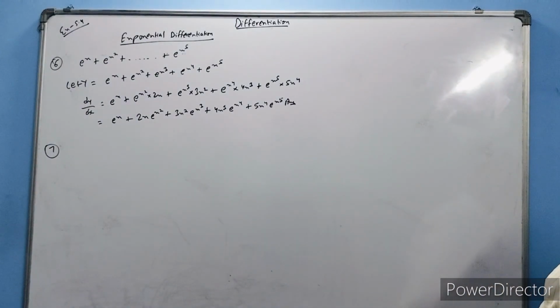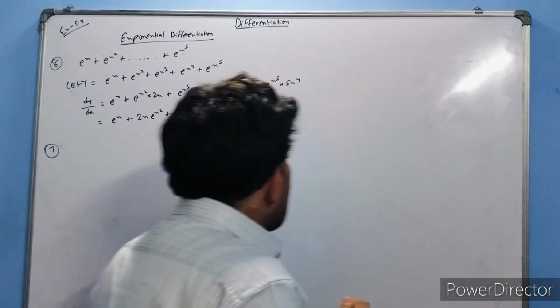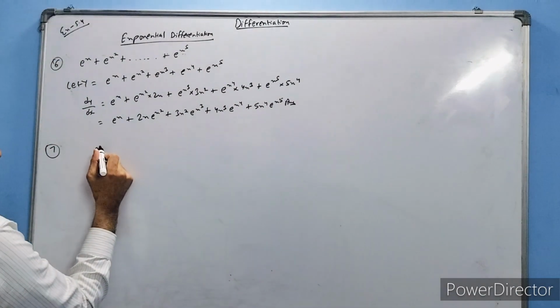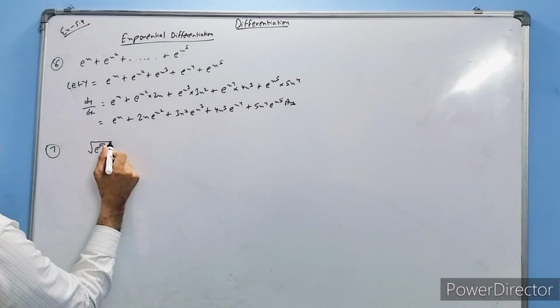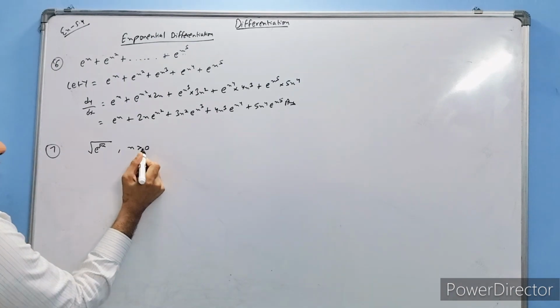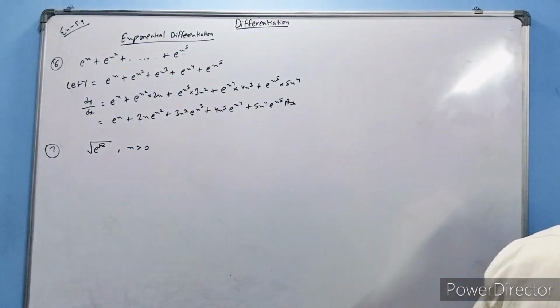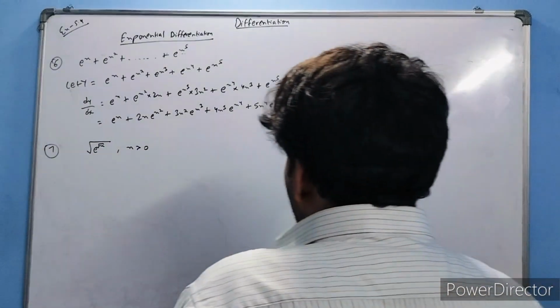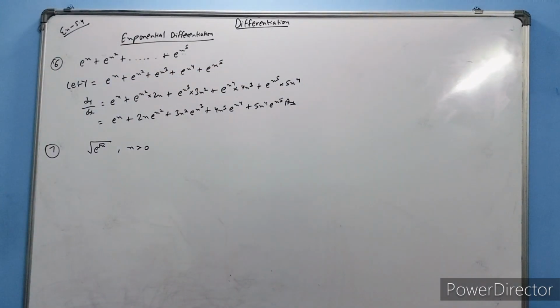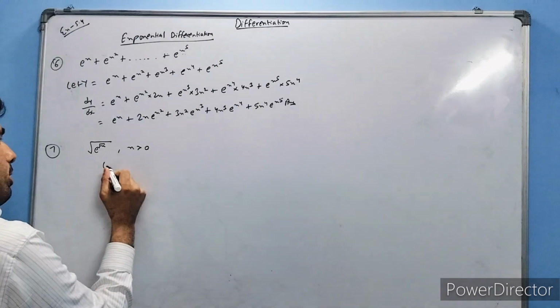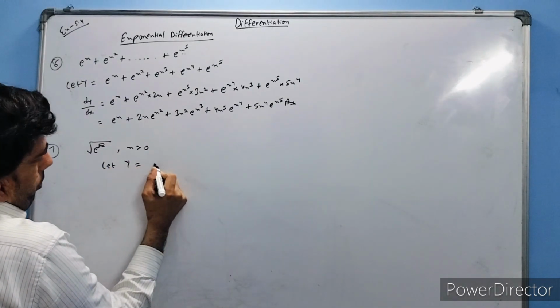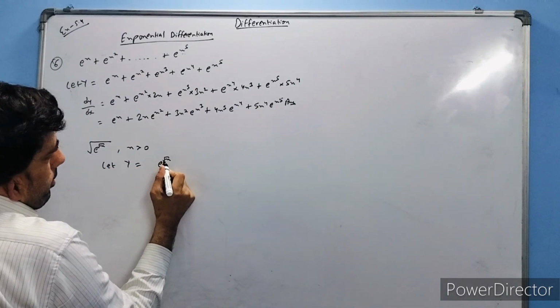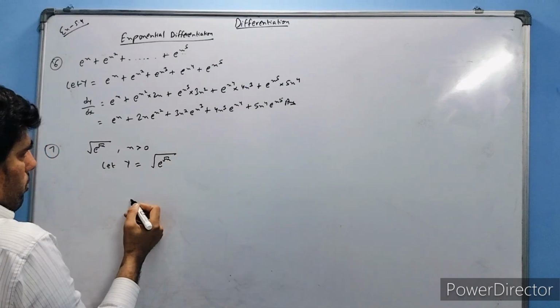The seventh question is e raised to the power root x, where x is greater than 0. So this is the exponential function we have, let us try to differentiate it. Let y is equal to e^(√x).